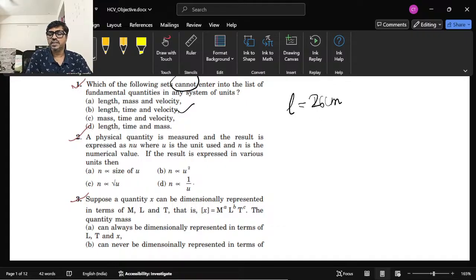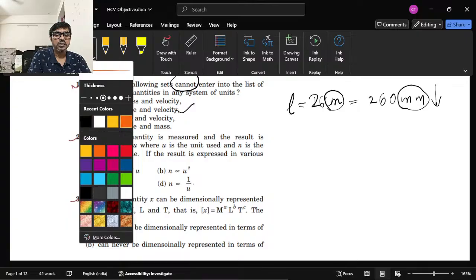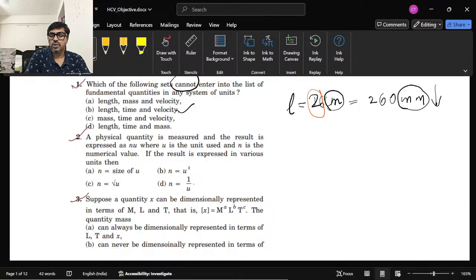So 26 centimeters can also be written as 260 millimeters. You see, earlier the unit was centimeter, now the unit is millimeter. So from centimeter to millimeter, the unit has come down. When the unit comes down, you see that the numerical value, from 26 to 260, has gone up.